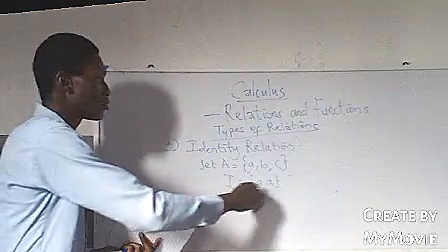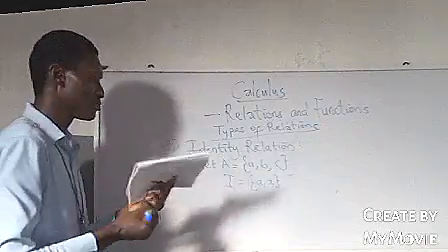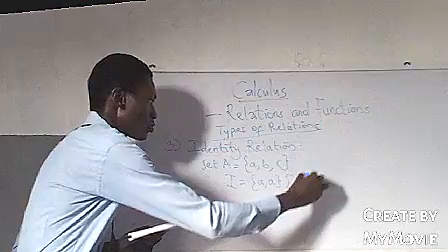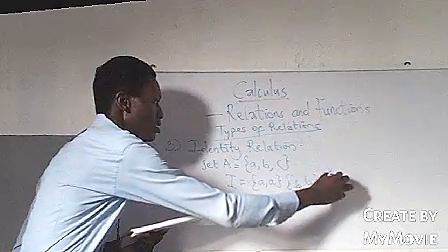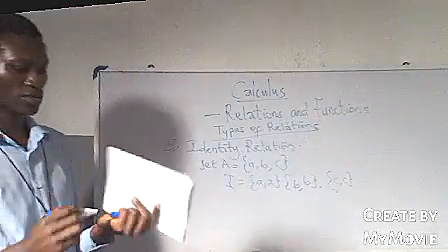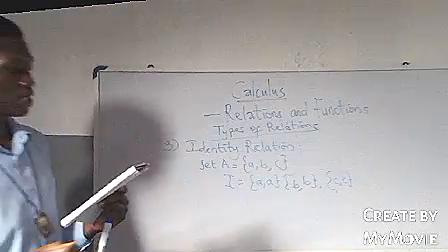So we are saying A is related to A. We are also saying that B is related to B, and then C is related to C. So this is what we mean by identity relation.